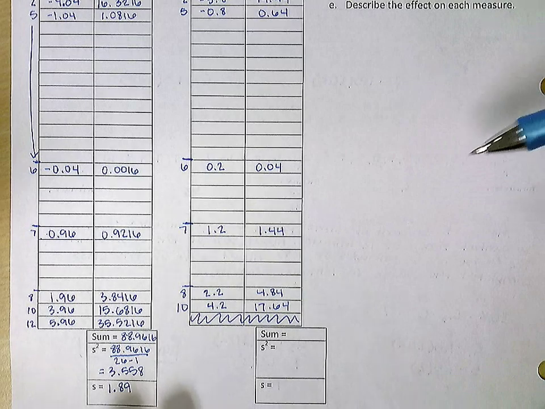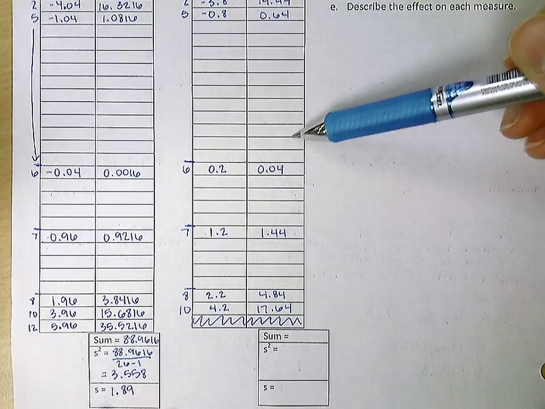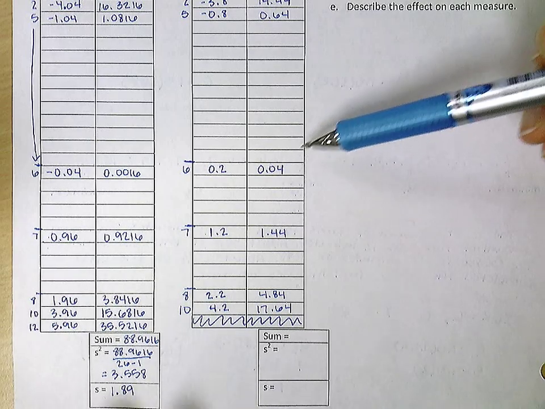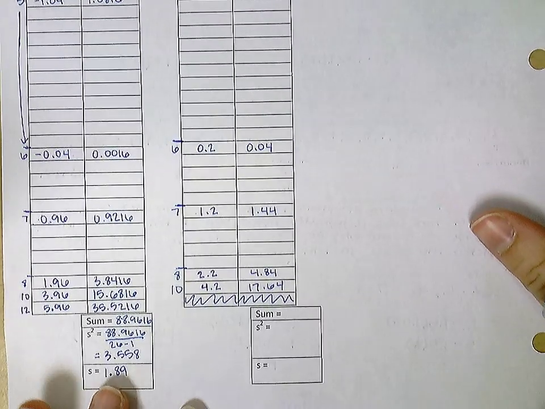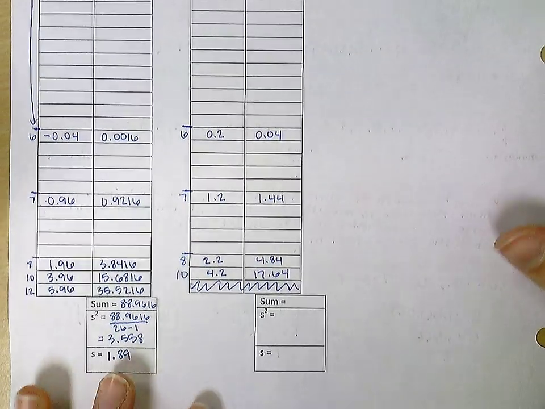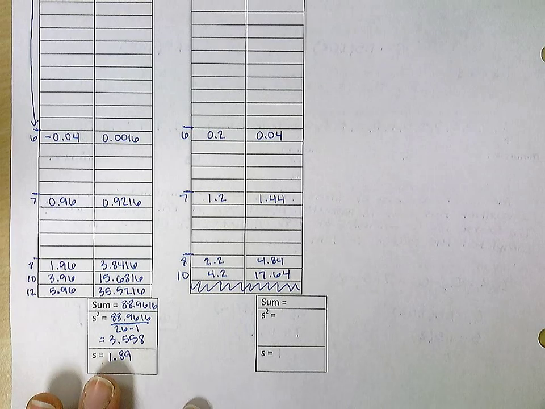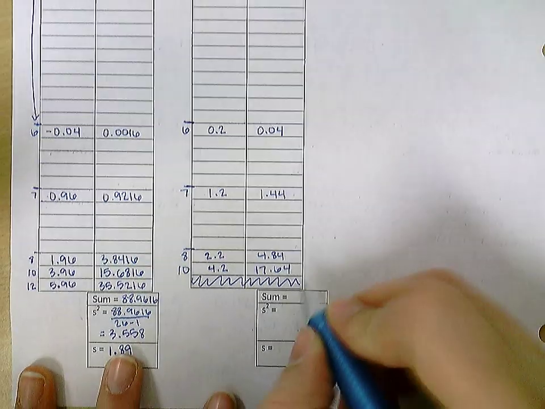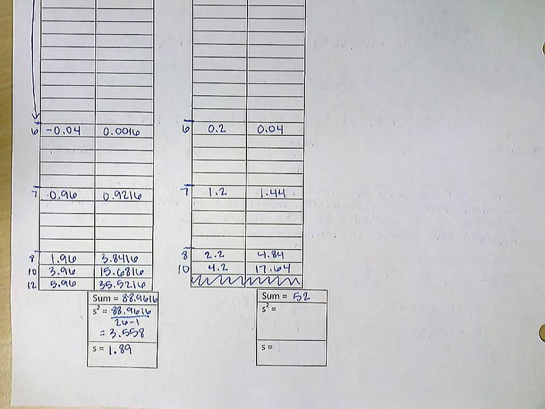That's how you can enter it into your calculator. Otherwise, you can add 0.64 12 times if you really want to. I'm not going to do that. I already have my sum. I got 52 as my sum.